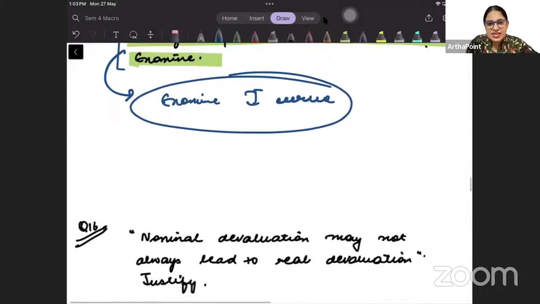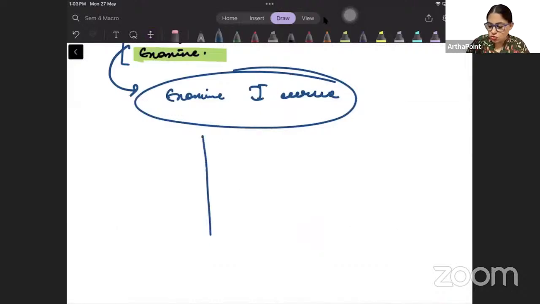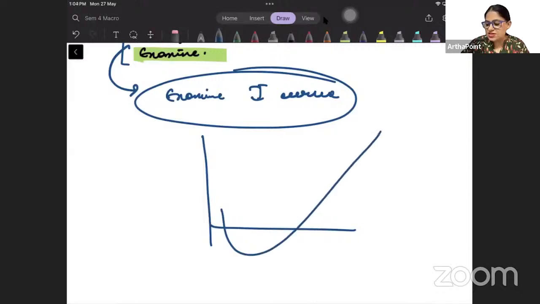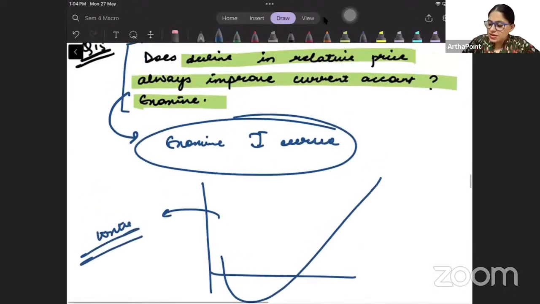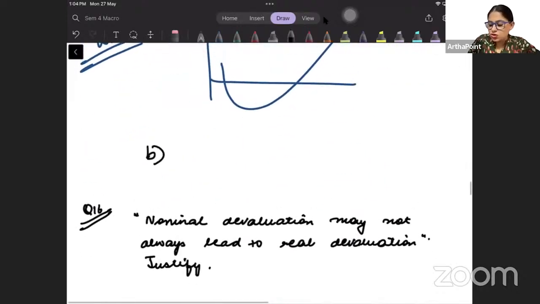You will explain how initially the current account balance actually worsens, and with time the current account balance actually improves. We have done this diagram of the J curve also, and you should always show this diagram in the exam. Okay? In this, beta, they can also ask you just a part B to this question, that you should write a short note on hysteresis.